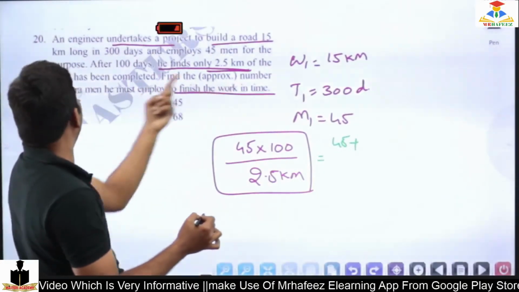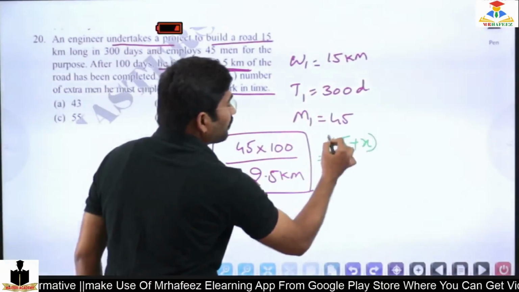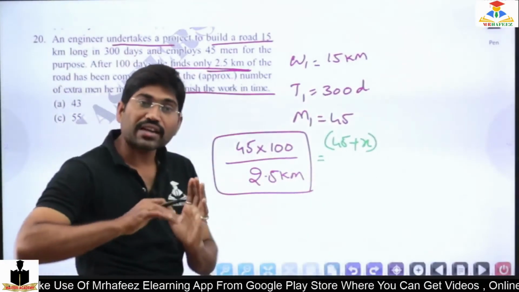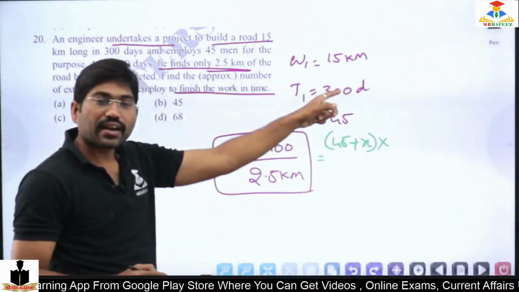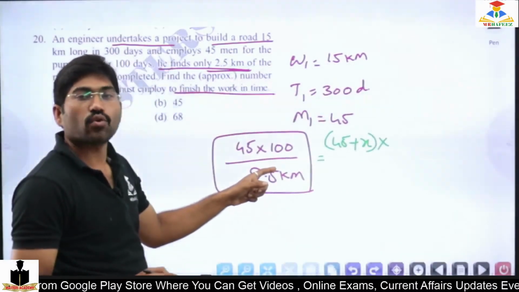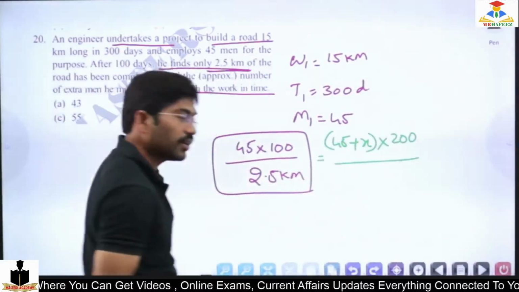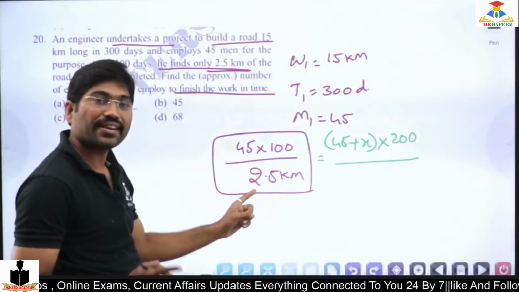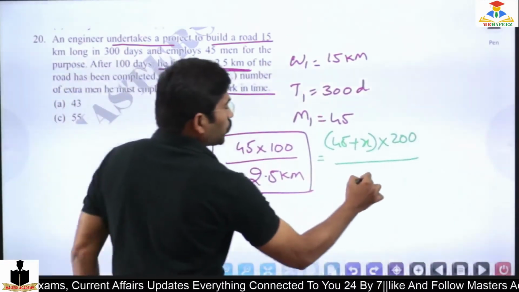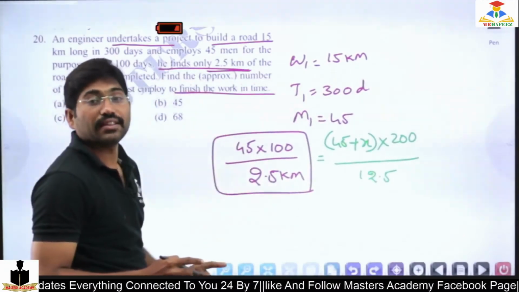Extra men is x. 45 plus x, into the remaining days. 100 days are over. The left is only 200. 200 divided by the 12.5 kilometers, because 2.5 kilometers already done.